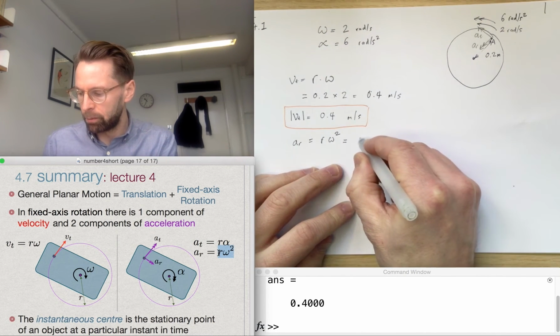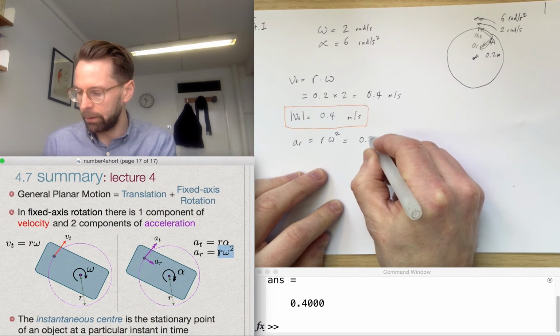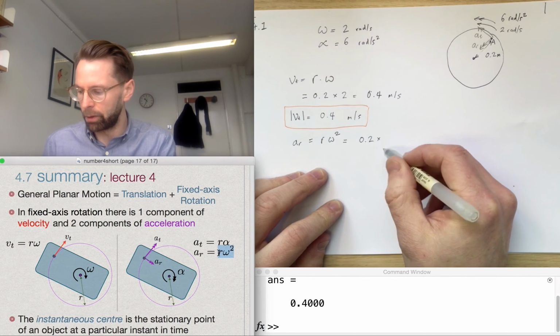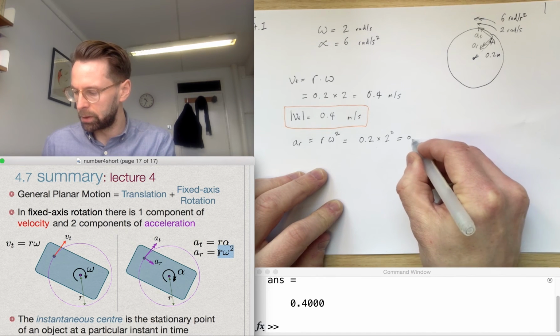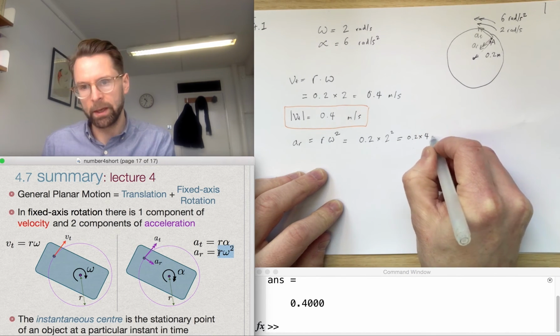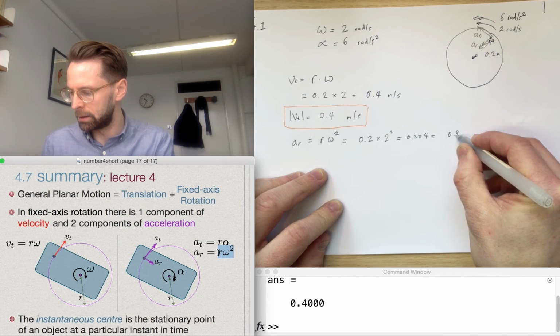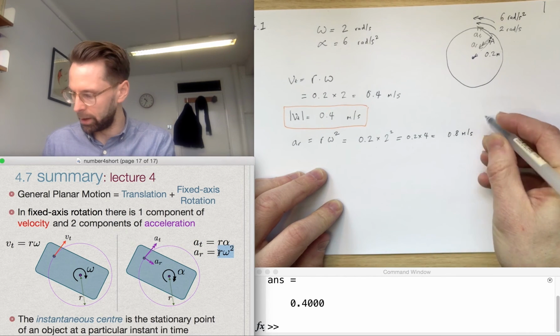So r is 0.2 again, times omega squared. Omega is 2, so that's 2 squared. That's going to be 0.2 times 4, which is equal to 0.8 meters per second squared.